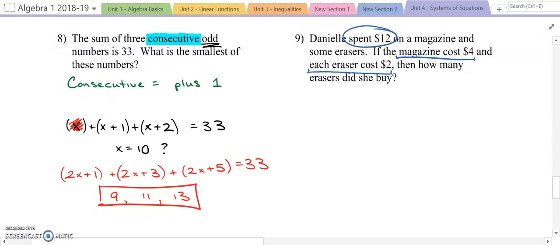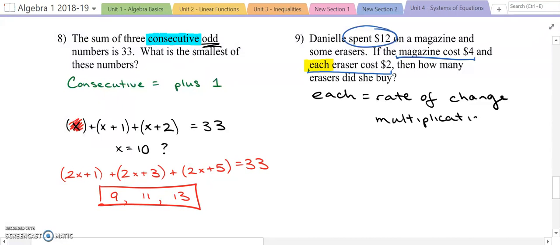The erasers, it says each. The word each is a major key word. Word each is talking about something like rate of change. In other words, it's talking about a pattern that is based on multiplication. Always, always, always the word each is talking about multiplication.